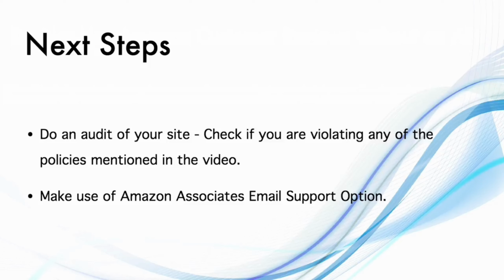They have an email support which you can just write to and they will reply back on email, and you can use this because this is Amazon's official support system. You will get very high quality support and you will also get the right information, unlike in blogs.